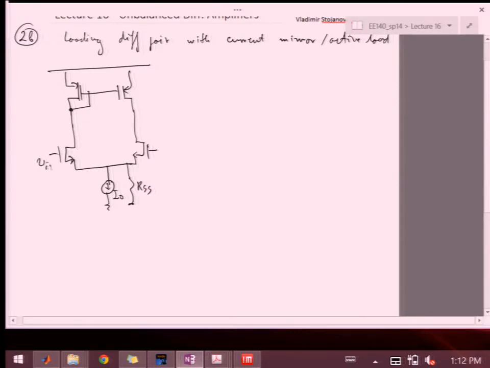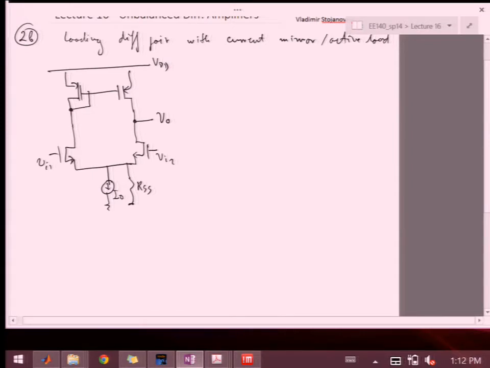Say this is VI1, VI2, and then this is VDD, and we're taking the V out from here. So we're using the current mirror to map the signal, whatever's happening in this leg, over to this one.